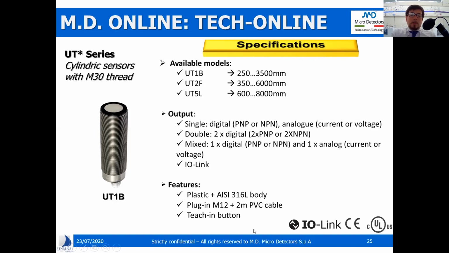Here, about the teaching procedure, about the adjustment procedure, we can say that once we have understood the way of, let's say, teaching a UK1 sensor, we will be able to adjust also an M30 sensor.